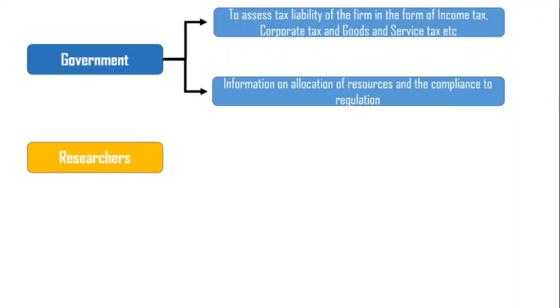Okay, now the next one is researchers. Now, who are the researchers? Basically, researchers are the ones who research companies' past data. Why do they collect it? For example, you want to start a company. Definitely, whatever company and product you are deciding on, you are going to do some research on that.